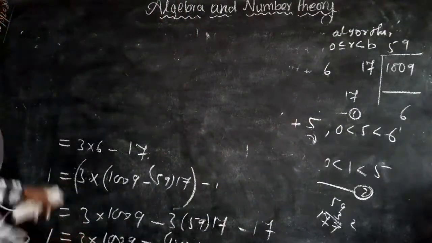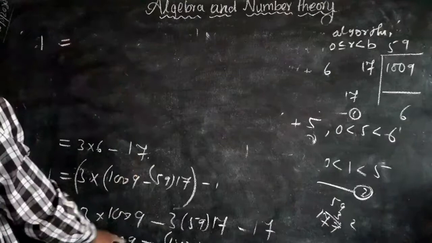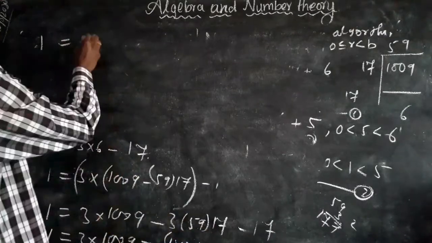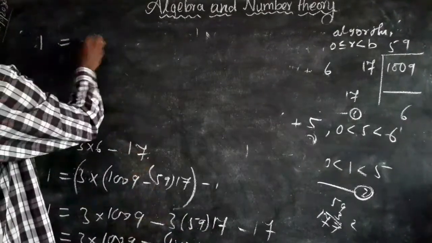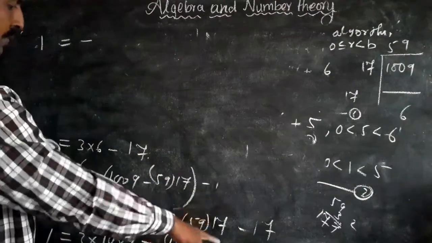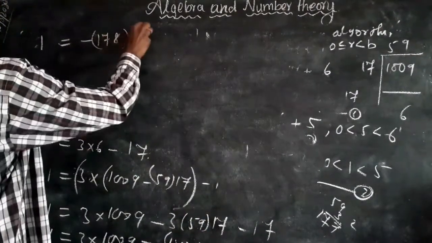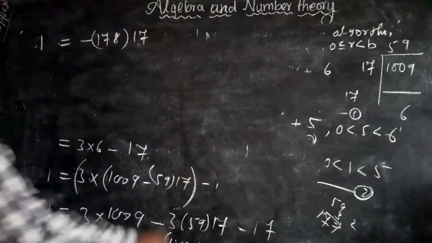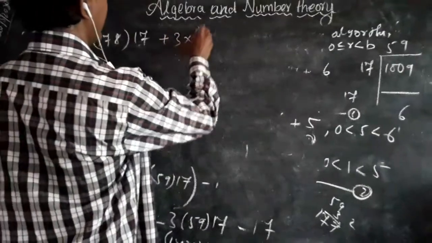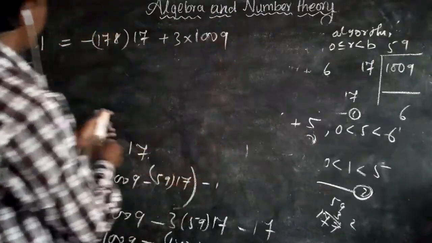So, adding these two, we get 1 equals 3 into minus 178 into 17, plus 3 into 1009.